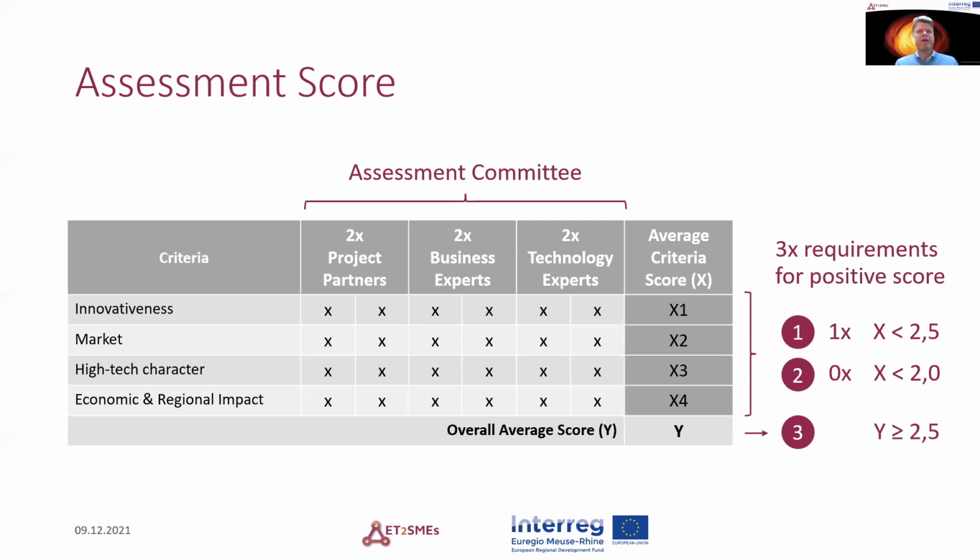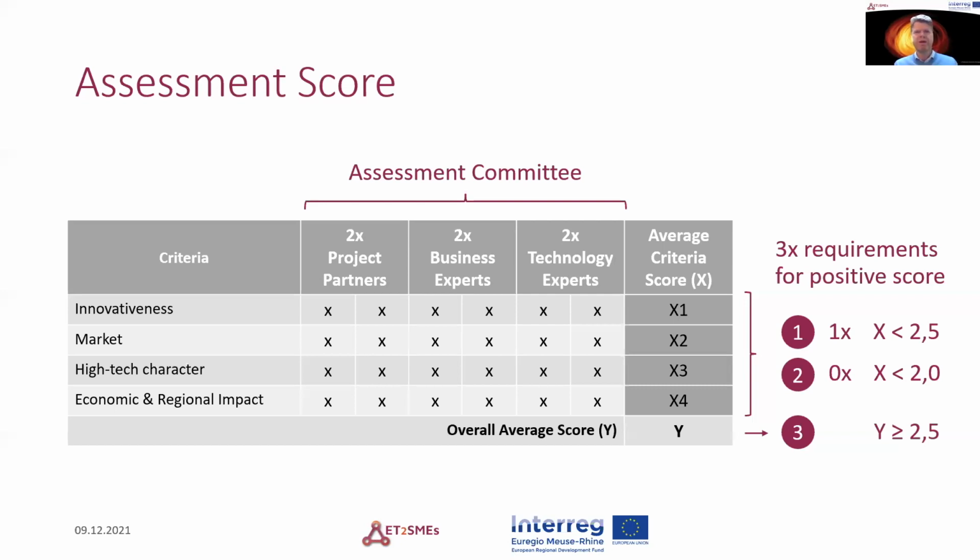And we also have technology experts that focus more on the level of technology and also the link to the Einstein telescope. And the same as with the project partners, the business experts and the technology experts that assess an application are from the regions that are not involved in the project.